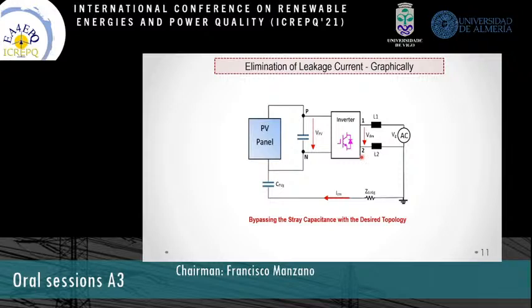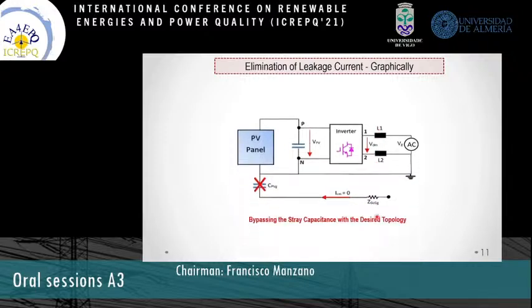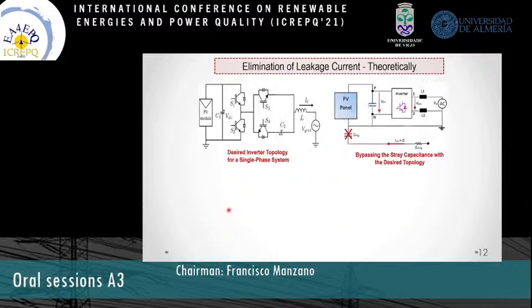Referring to this previous circuit, it can be graphically proved that by directly connecting the PV negative terminal to the neutral point of the grid, the stray capacitance will be bypassed, leading to a zero leakage current. We can also prove this theoretically by showing that the total common mode voltage is cancelled.